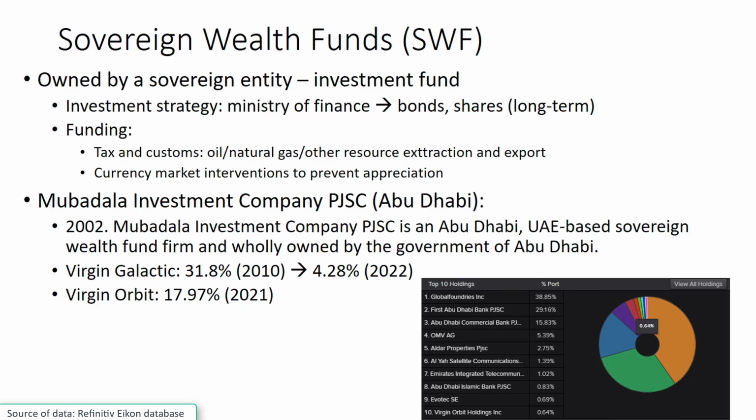And if you look at the market, actually we can see 2 companies which are using SVF funding. Virgin Galactic and Virgin Orbit are owned mainly by, or one of the majority shareholders is, an SVF owned by Abu Dhabi.